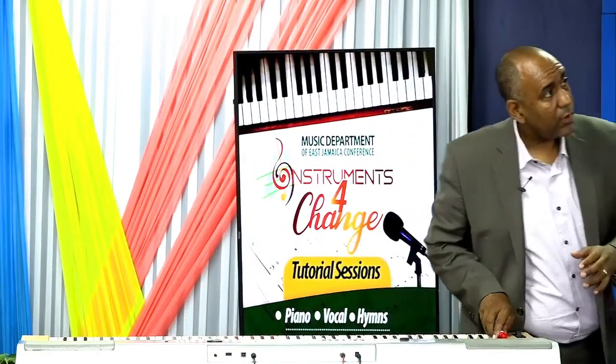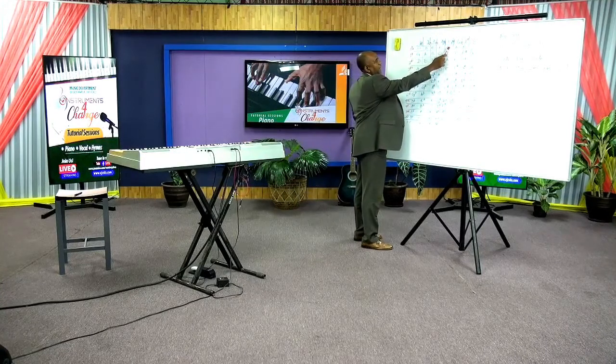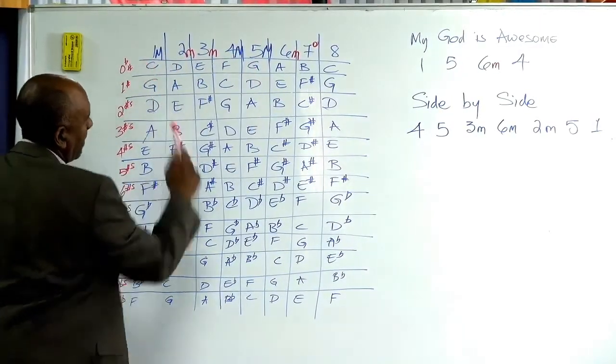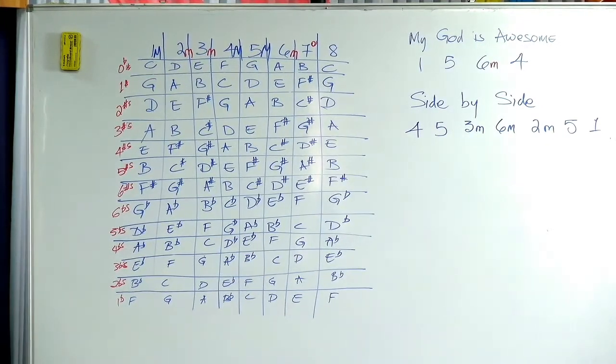Now, so in the key of C, if you should follow the chart, we go 4, 5, 3, 6, 2, 5, 1. And what you'll find out also is that it's a real popular jazz move to use that progression, that last part of the progression, which is 2, 5, 1.